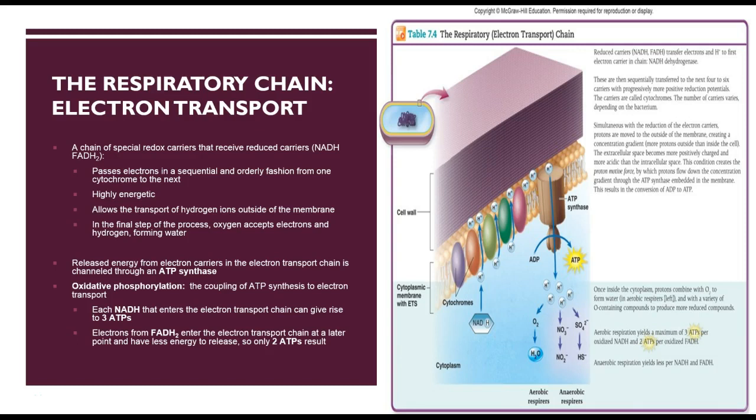In the final step, in aerobic respiration, oxygen will be the acceptor of that final electron.